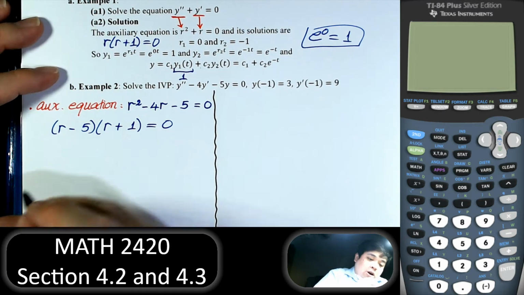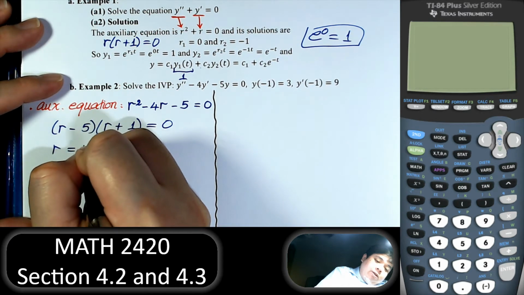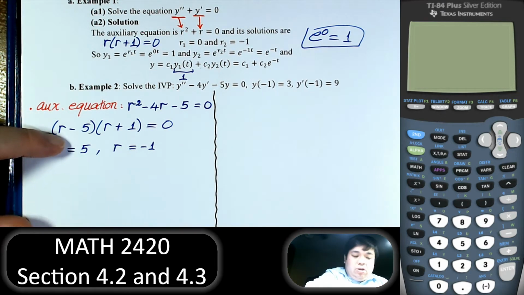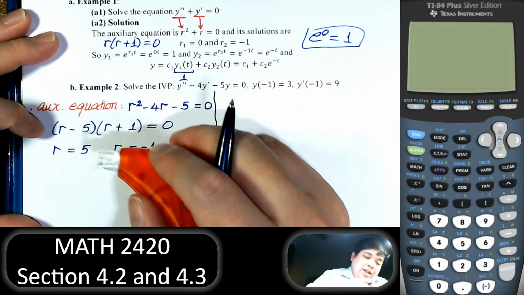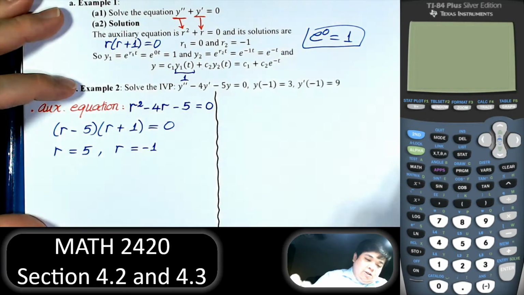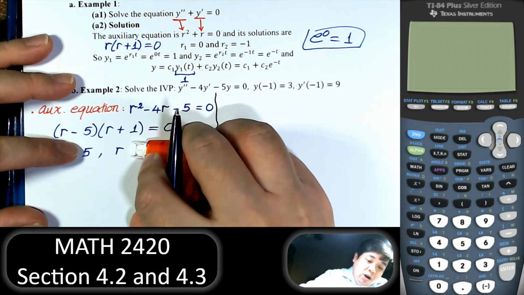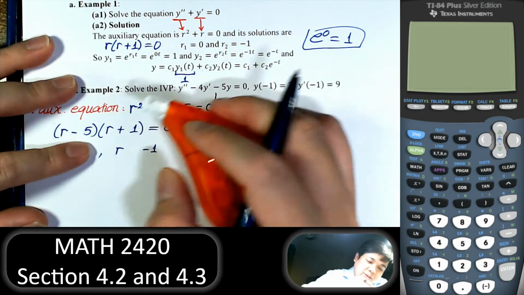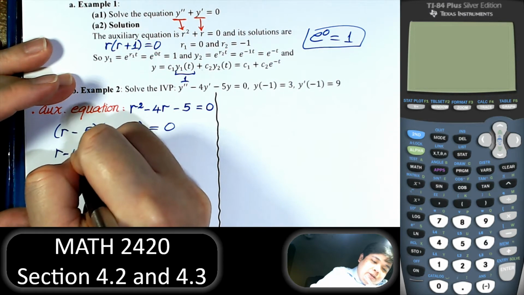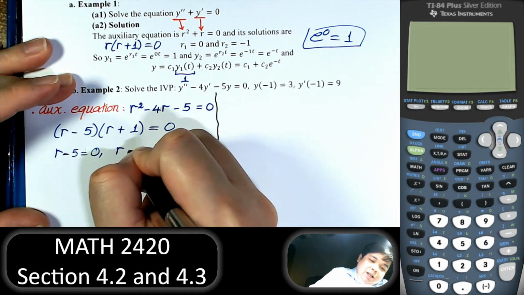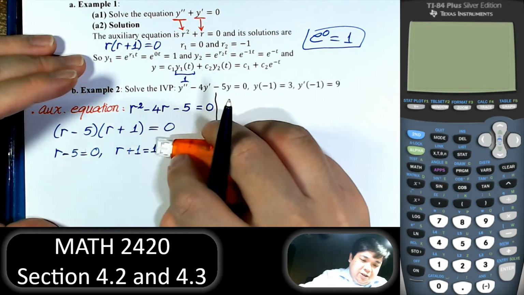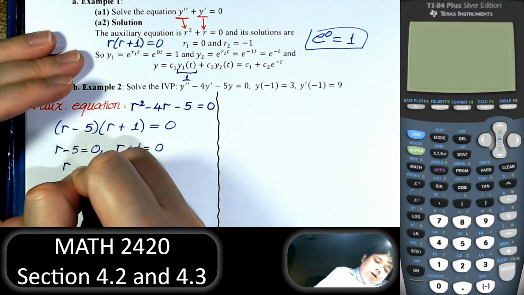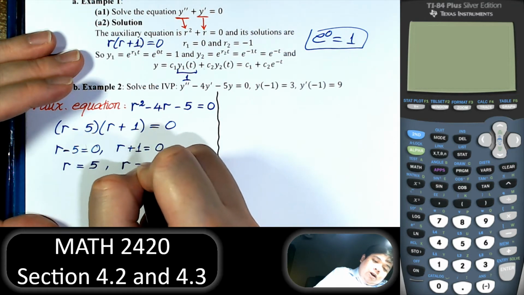So simple enough, we can get r equal to 5 or r equal to negative 1, right? r minus 5 equal to 0, and then r plus 1 equal to 0. So r equal to 5, and r equal to -1.